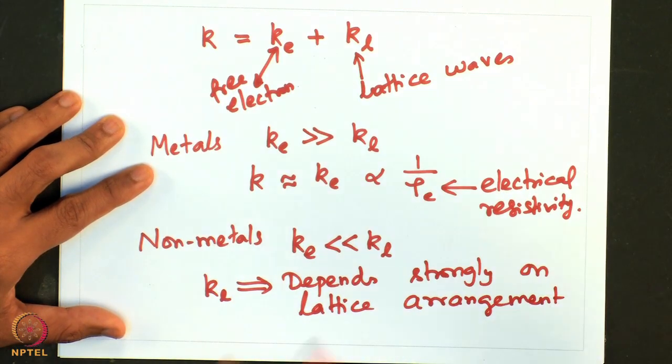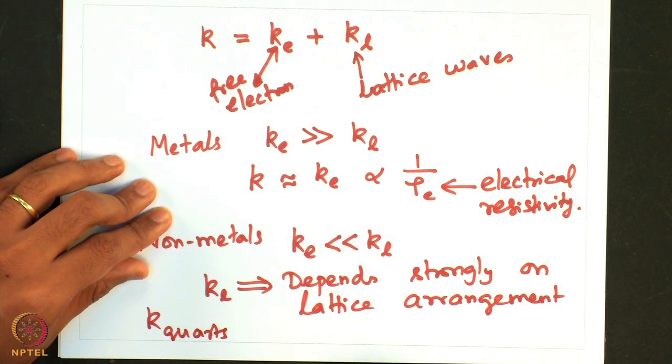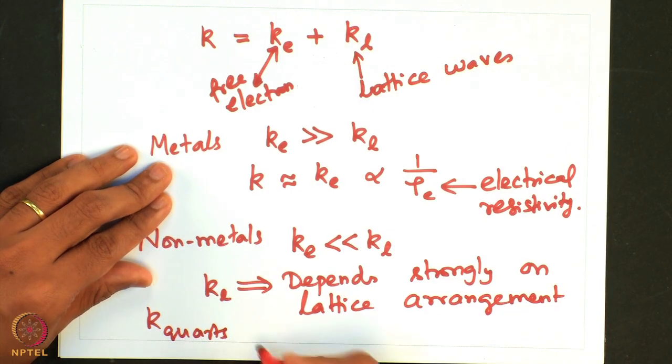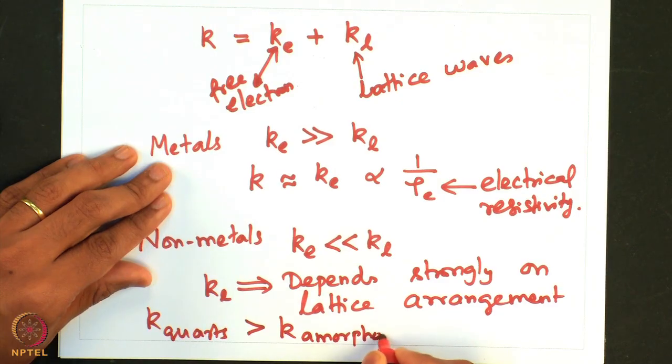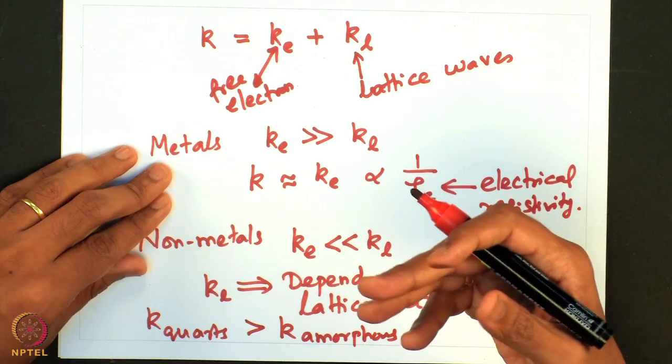So, one can play with the lattice arrangement of the non-conducting material in order to change the conductivity, and thereby consider those materials as insulating materials. For example, the conductivity of quartz, which has a more regular lattice arrangement, is much higher than the conductivity of, let us say, amorphous graphite. If there is a regular arrangement, then there is a strong potential for conducting heat better than if the lattice arrangement is irregular.